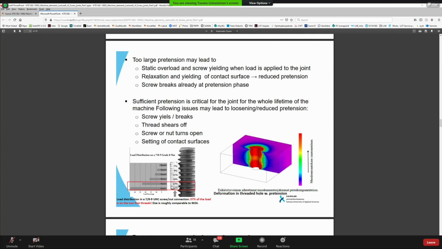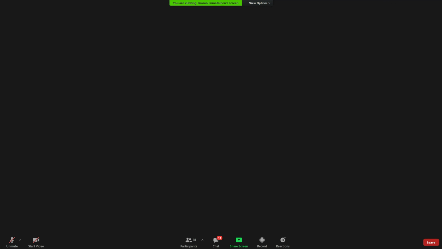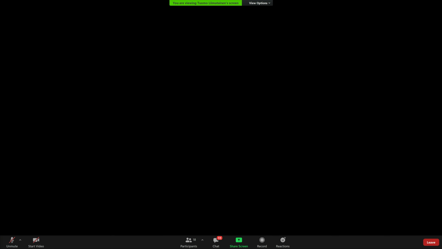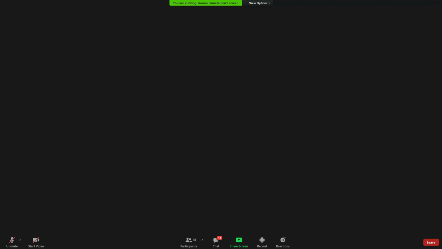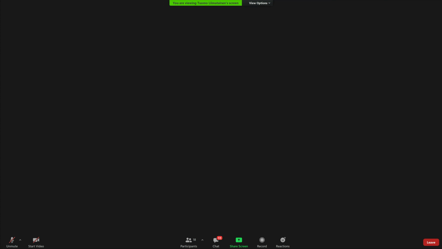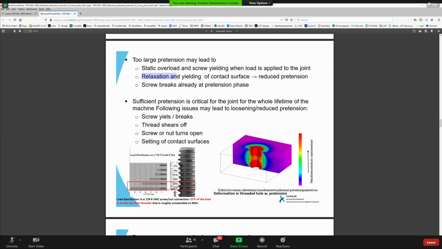But then also, if you are still within the range that you didn't completely snap it, but you are quite close to the yielding of the material of the screw, there could be a relaxation of the contact surfaces, and that will over time lead to a reduced pretension. But the relaxation only happens when you have tightened it very close to the ultimate limit of the bolt.